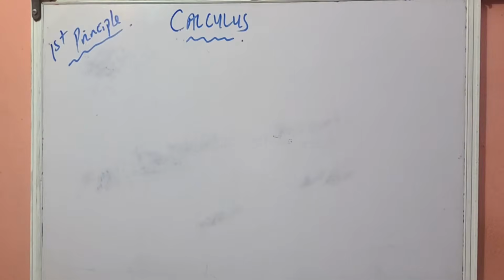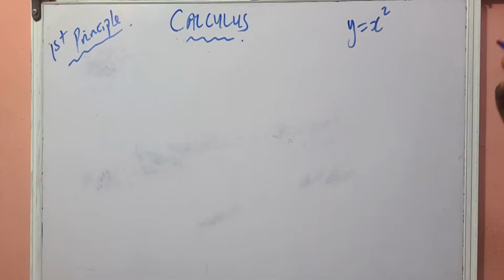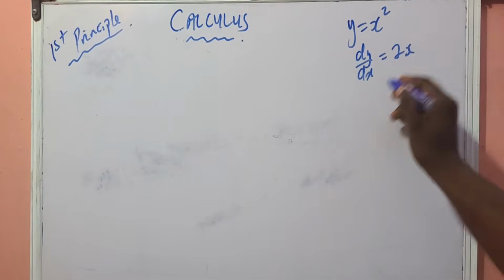Now, let me say this before we start. If you are given a question and you are told to make use of first principle to differentiate that expression, you must not use the general principle that I just did. So imagine you're given y equals x squared, for instance. Obviously, you can easily run through that and just write dy over dx equals 2x, and you are done.